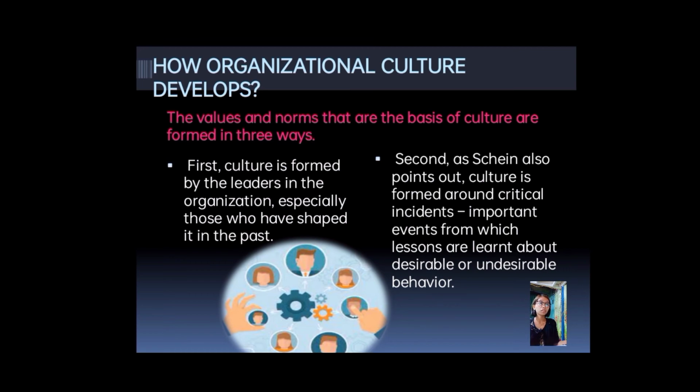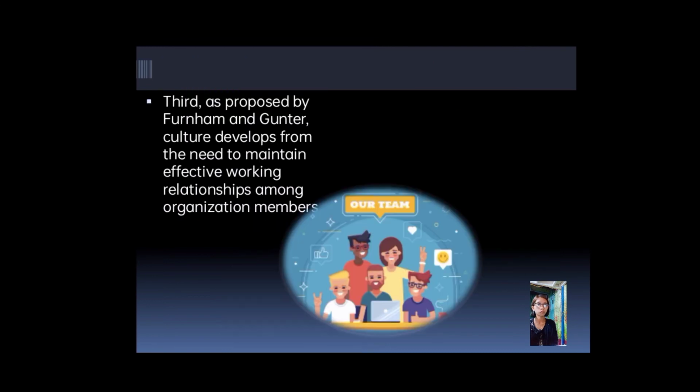Second, as Schein also points out, culture is formed around critical incidents. These are important events from which lessons are learned about desirable or undesirable behavior. And lastly, as proposed by Farnham and Cantor, culture develops from the need to maintain effective working relationships among organization members.